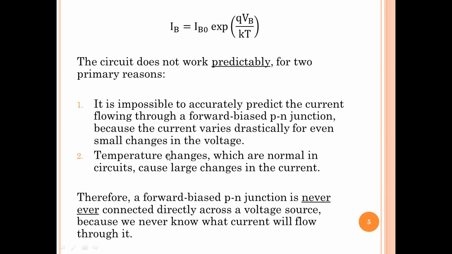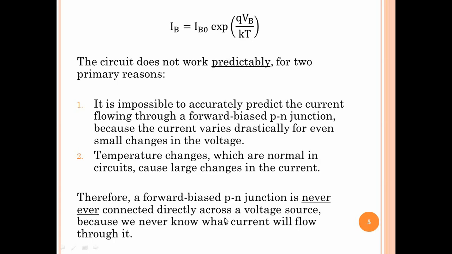The other is as temperature changes, the current changes. And temperature changes are normal on all electronic circuits. Temperatures change very routinely from room temperature high up to 50, 60, 70 degrees centigrade, and then the current would change widely.